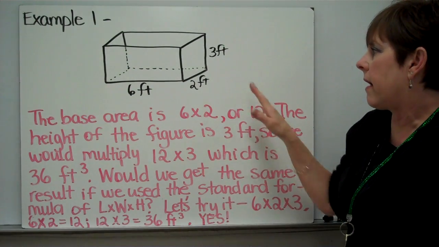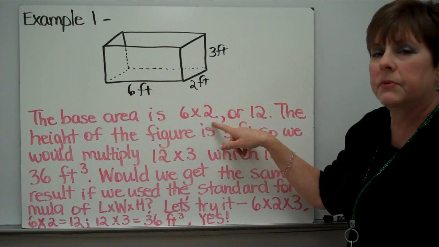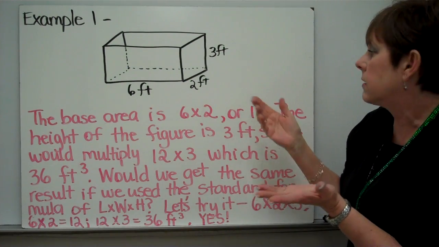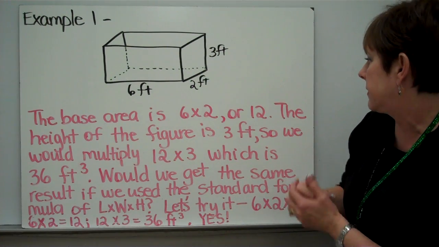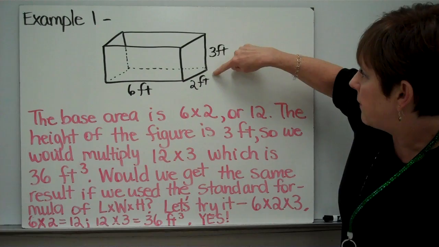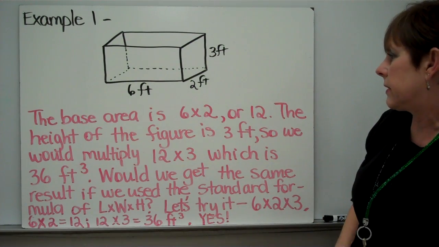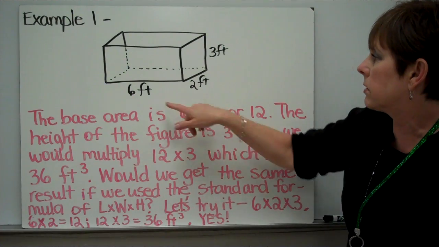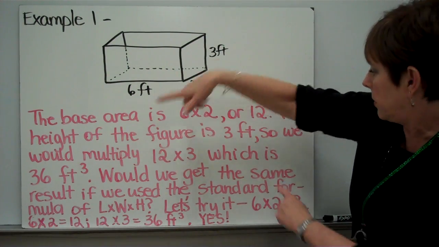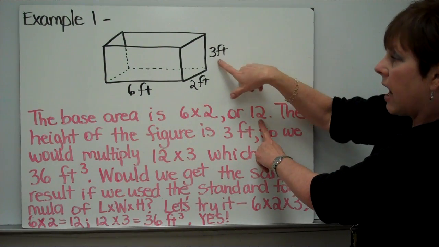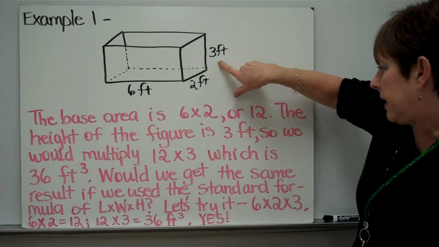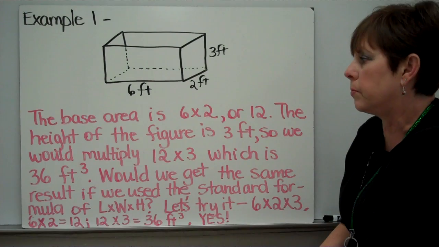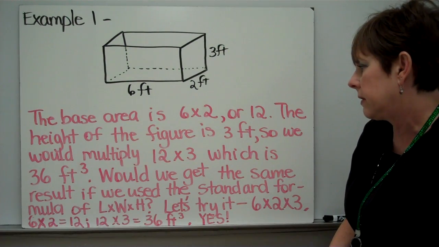The base area of this figure is 6 times 2, length times width, or 12 square feet. The height of the figure is 3 feet. So if we wanted to find the volume of the figure, we would multiply the 12 times the height, the 3 feet, which is going to be 36 cubic feet.